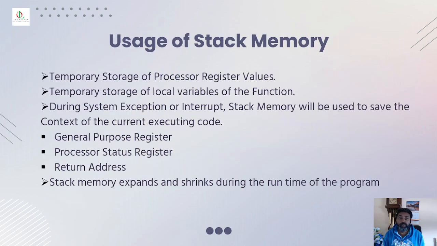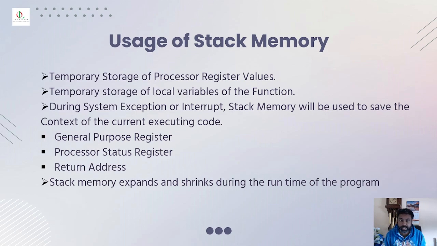Okay, so where will stack memory be used? As we learned from the definition, stack memory is the location with temporary storage of data, such as variables and processor register values. All the register values will be stored in a temporary location, and that will be called in a function call to use it.